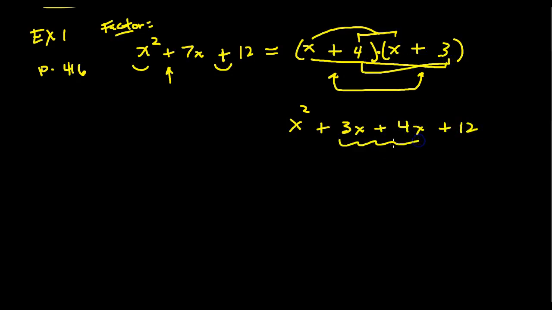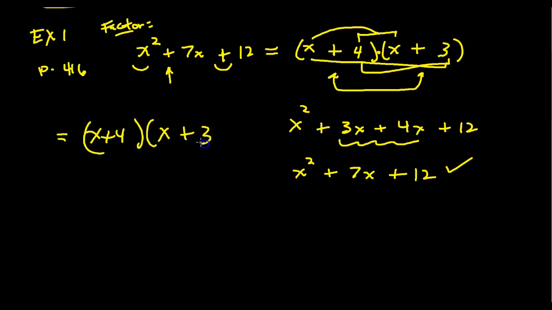And, of course, the inner and outer products here are like terms. So we can see when we multiply these binomials, our answer indeed does check. We get what we started with. So my final answer here, I would say, x plus 4 times x plus 3. Okay, I've factored that as completely as I can, broken it down into a product of degree 1 binomials.